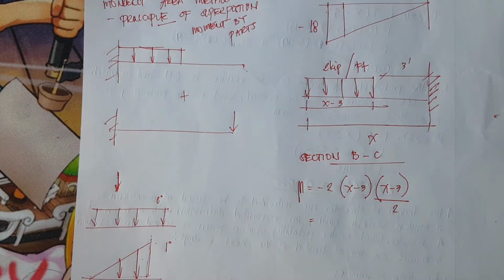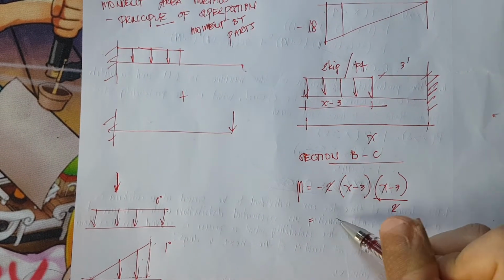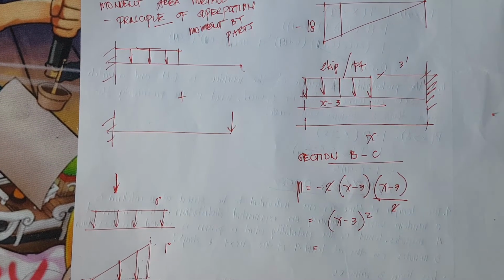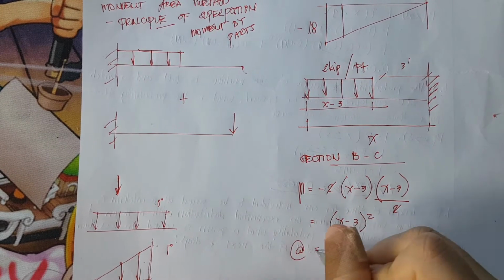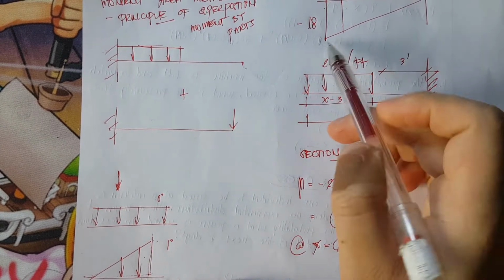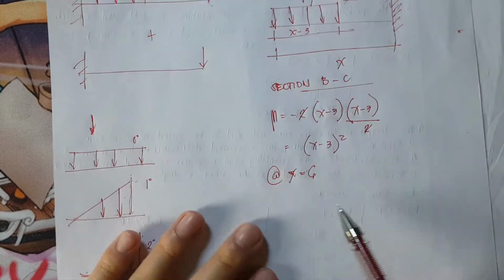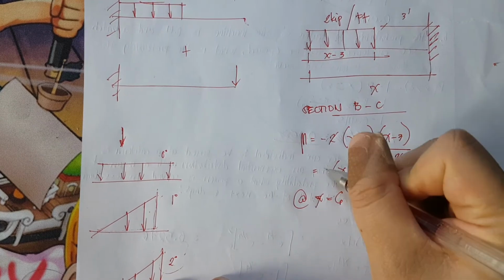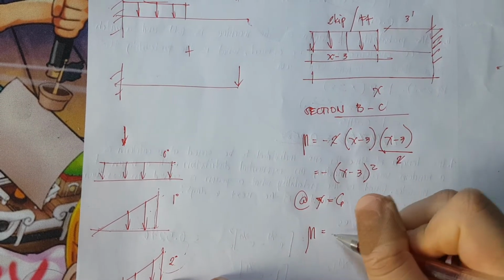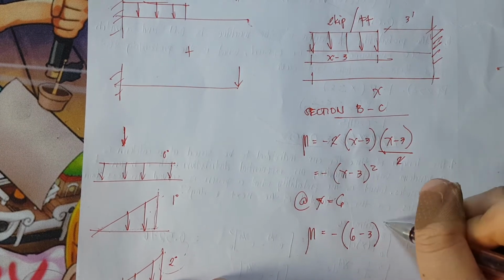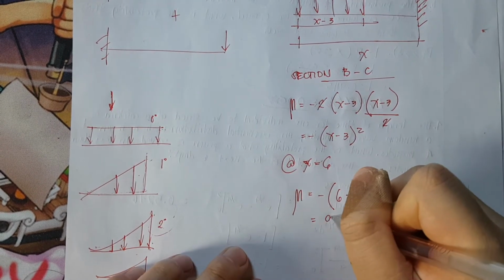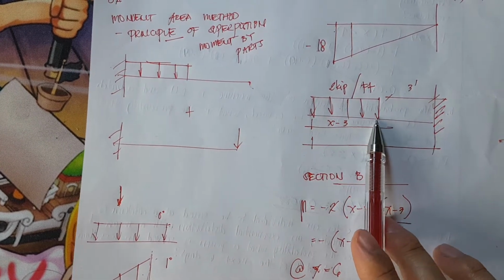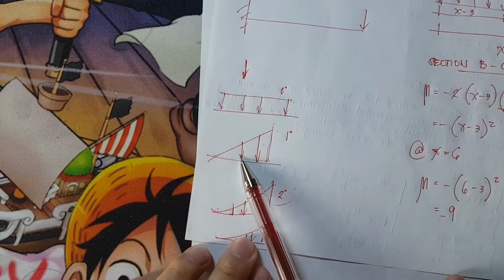So, magiging negative x minus 3 squared. So, substituting at x equivalent to 6 kasi 6 meters. Okay? At x equivalent to 6, we have moment is equivalent to negative 6 minus 3 squared. And that is 9, negative 9. So, this is a uniformly distributed load. So, ang magiging moment diagram niya is triangular load.